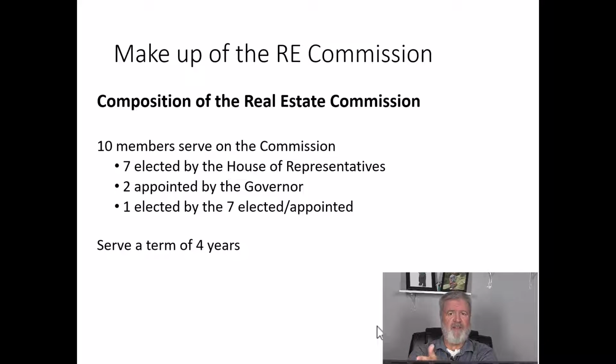So with the 7 elected by the House of Representatives plus the 2 appointed by the governor, now we have 9. And once those 9 members have been seated, those 9 members will elect one more licensed real estate agent from the state at large. Okay? So that's where the 10 come from.